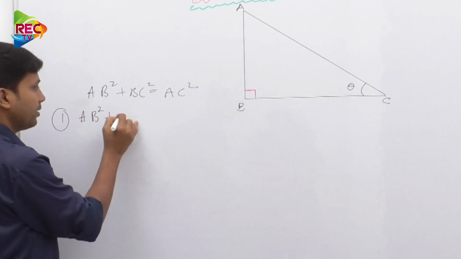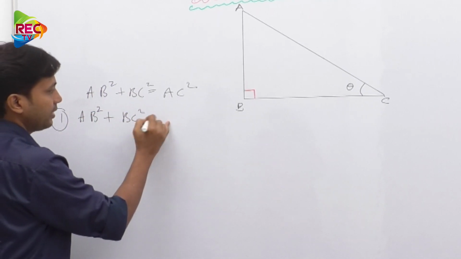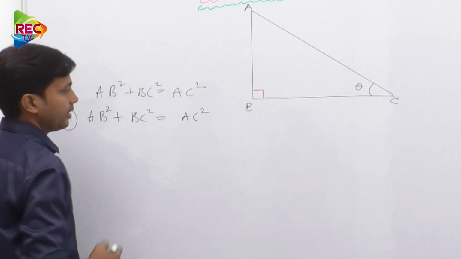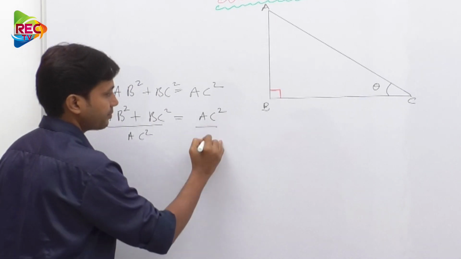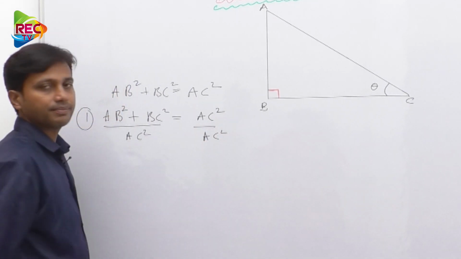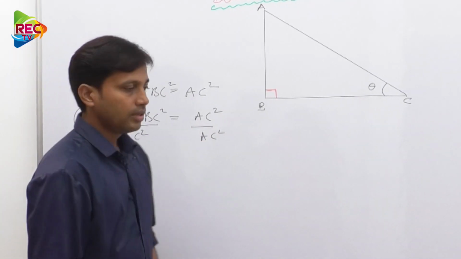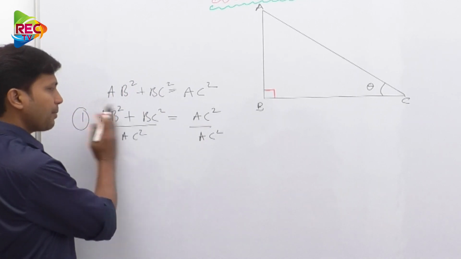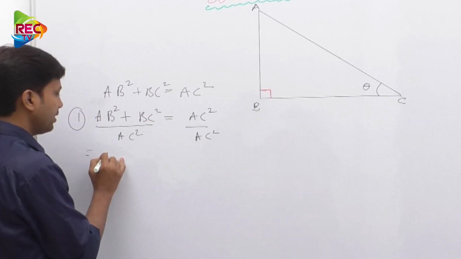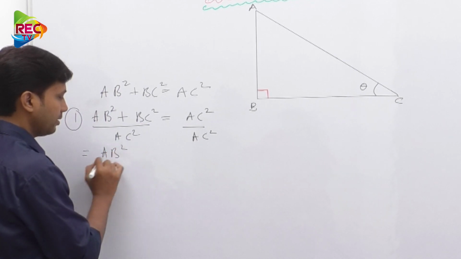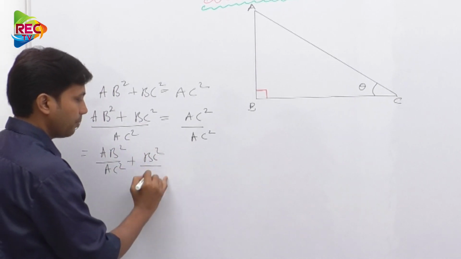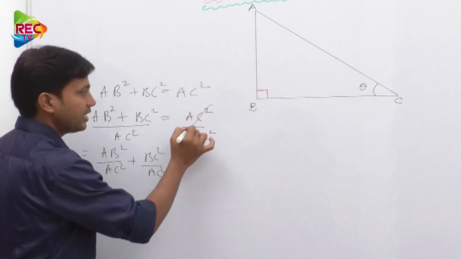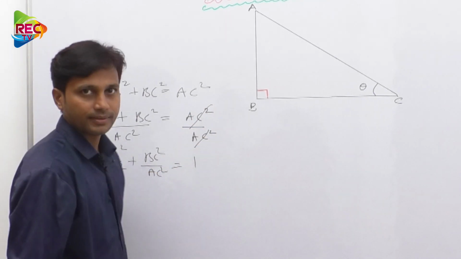AB square plus BC square equal to AC square. Now dividing on both sides by AC square, and separating the fractions, we get AB square by AC square plus BC square by AC square, where the right side AC square by AC square is cut down and we get 1.